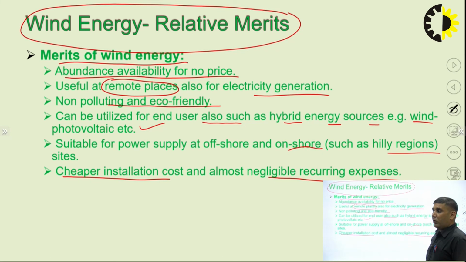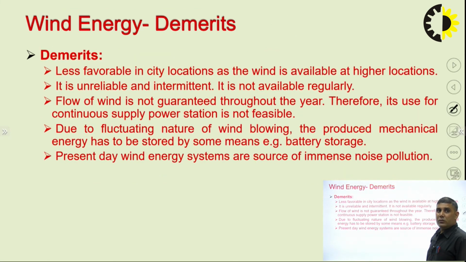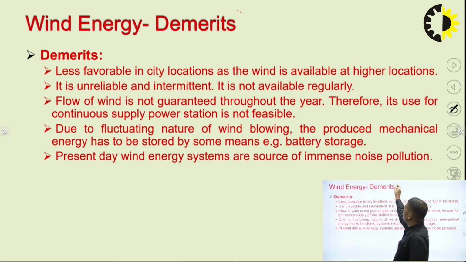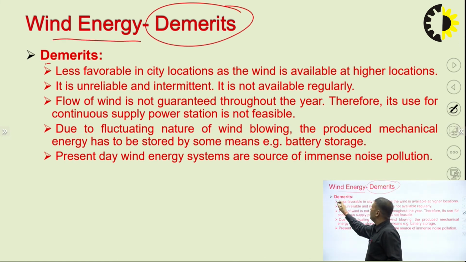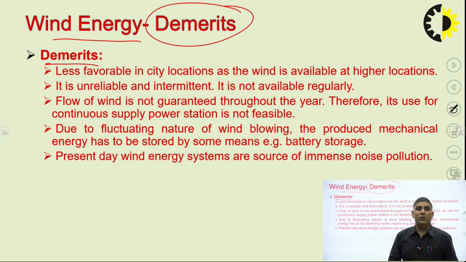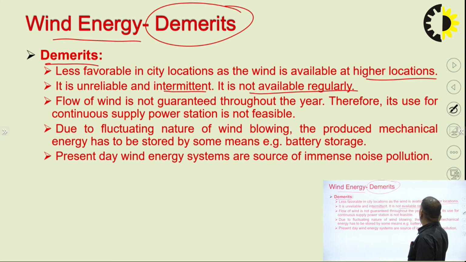Now let us discuss a little bit about the darker side also. Wind energy demerits. So it is less favorable in city locations, as the wind is available at higher locations. It is unreliable and intermittent. It is not available regularly. It may happen that sometimes the wind is blowing with very high speed, and sometimes it suddenly stops and does not blow for maybe some days or even some months.